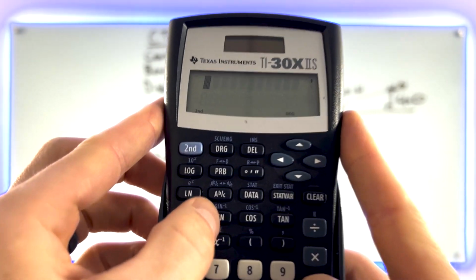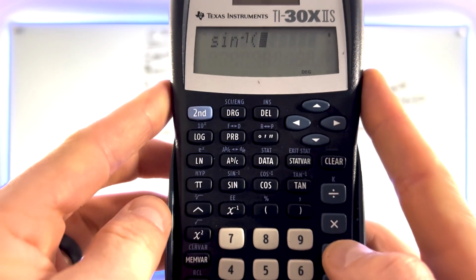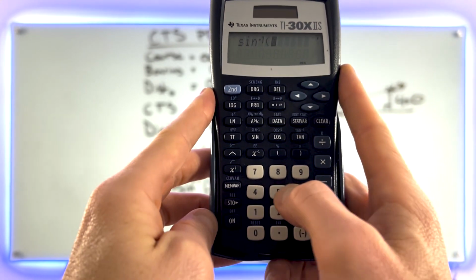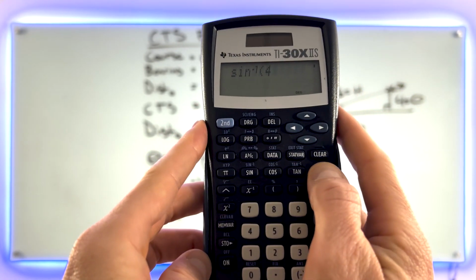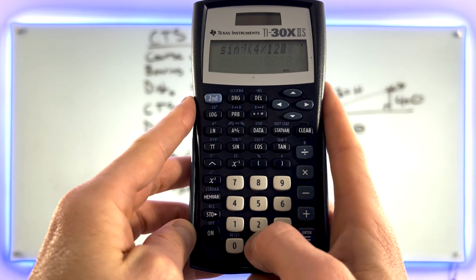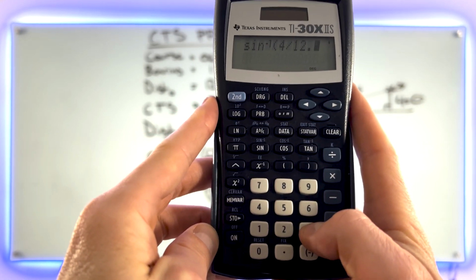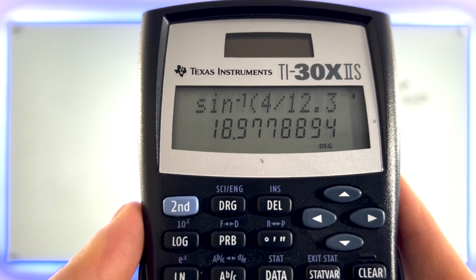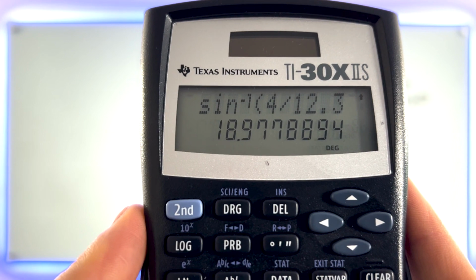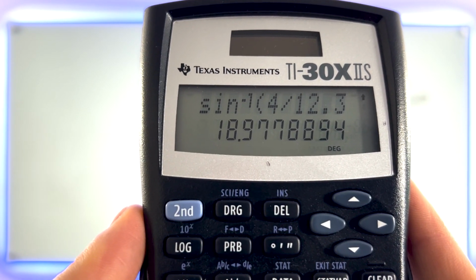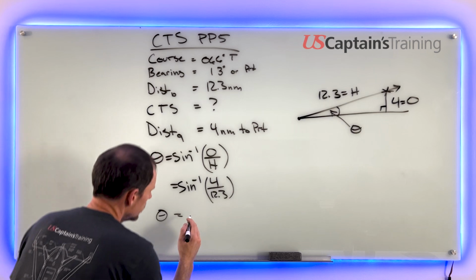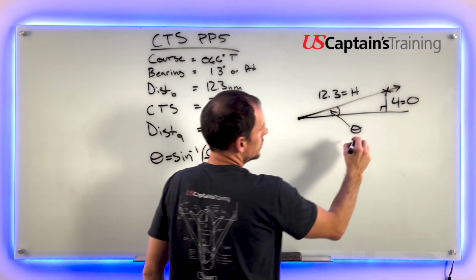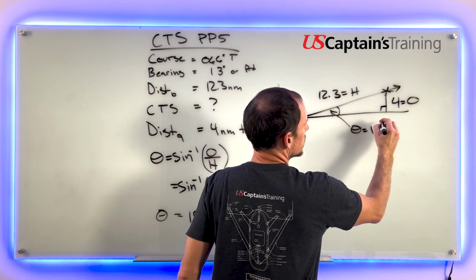Second, sine inverse. And then we put in the division, 4 divided by 12.3 equals 18.9. We round up to the whole degree, 19 degrees. This theta is equal to 19 degrees.